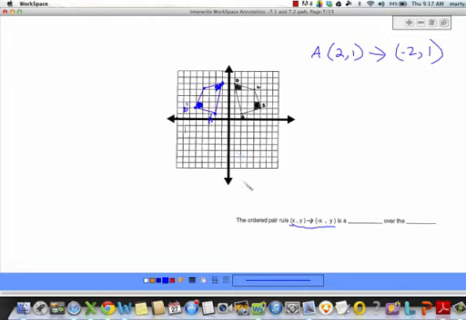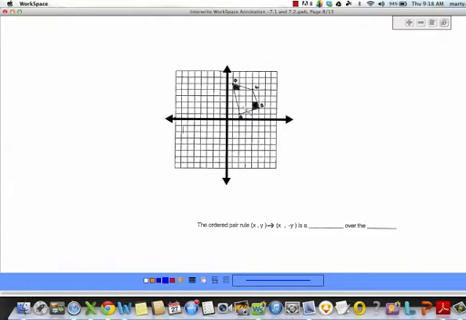We should be able to visually see now the ordered pair rule: when I change the sign of the x, it's going to be a reflection. Over which axis is this reflecting? Over the y-axis. So when we negate the x value, we have a reflection over the y-axis.